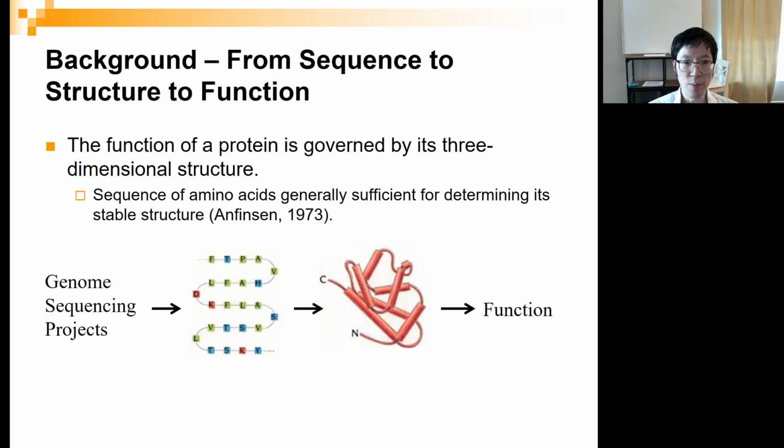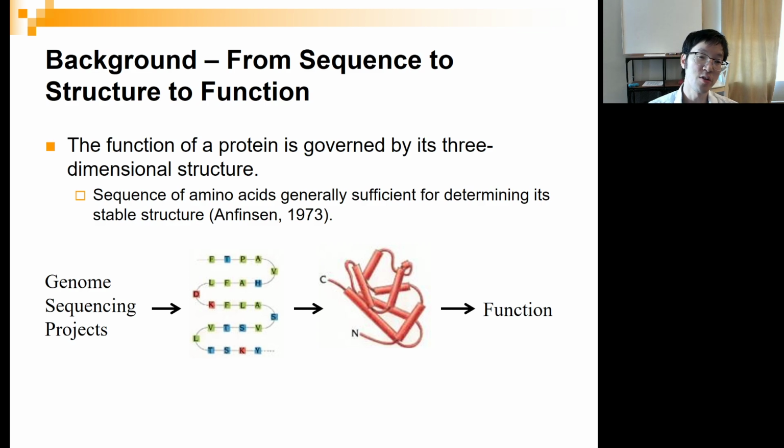Okay, so on the left-hand side, you see the whole process of looking at protein structure starts off by first determining what is the genome sequence that codes for the protein. And so that's where work in terms of genome sequencing, and now we have high throughput sequencing, comes into play.